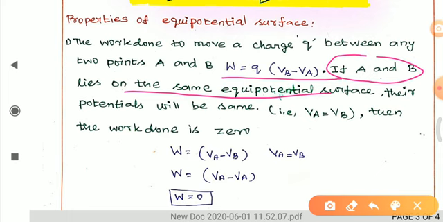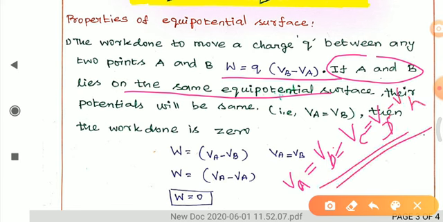The potential at the point A will be equal to the potential at the point B. Otherwise, if we consider n number of points, all the points will have the same potential. So we can write VA is equal to VB is equal to VC is equal to VD is equal to Vn, if we consider n number of particles.